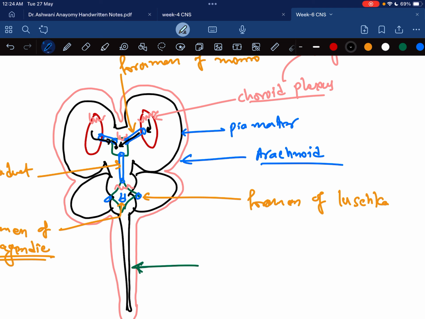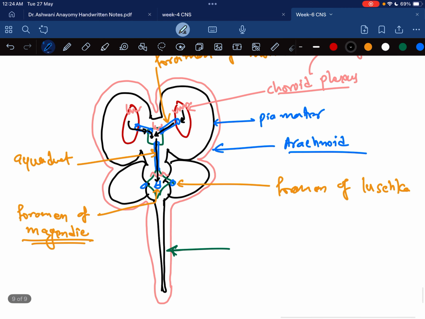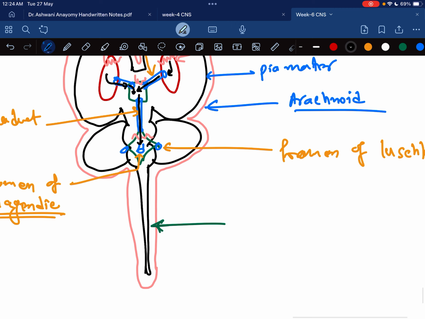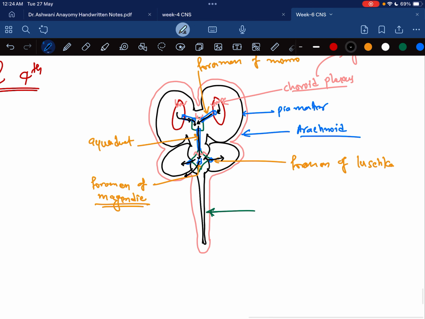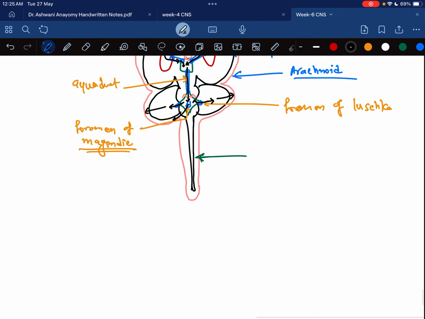After that it passes through the aqueduct from the third ventricle to the fourth ventricle, and then into the subarachnoid space by the foramen of Luschka and foramen of Magendie. This is known as the subarachnoid space.